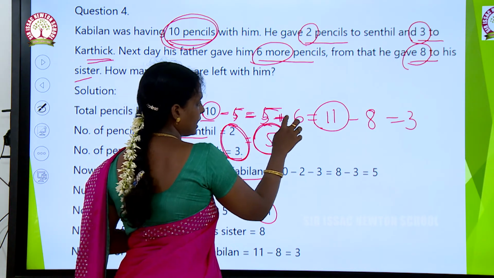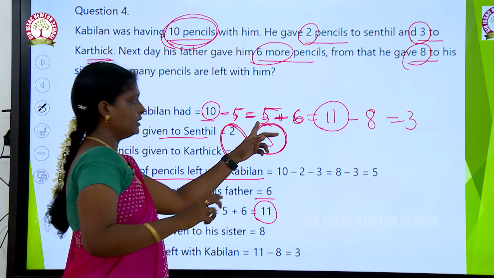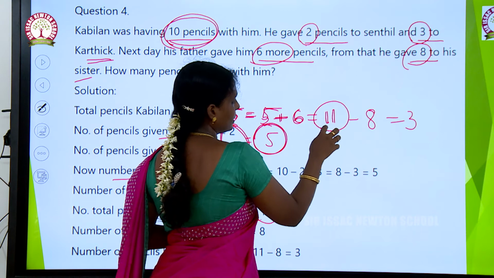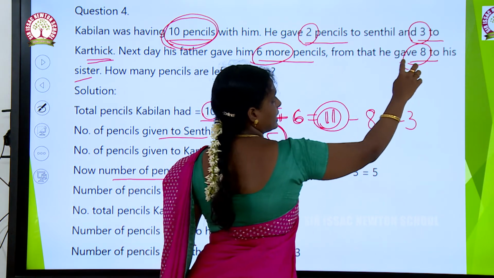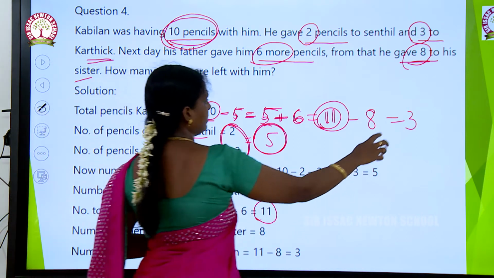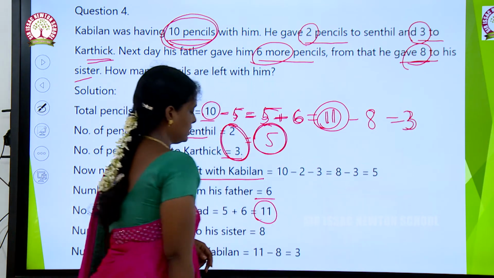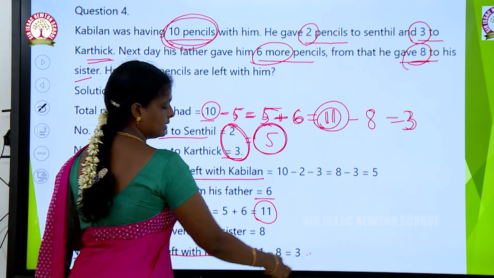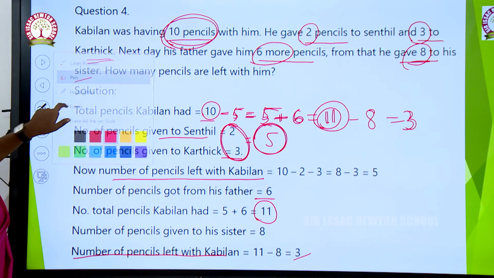So I am going to add this 6 with this 5 so that I got 11. From this 11 pencils he has given 8 pencils to his sister. So finally he will have 3 pencils with him. Okay. So the number of pencils left with Kabilan is 3. Okay. Next question.